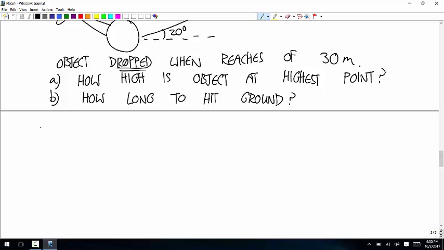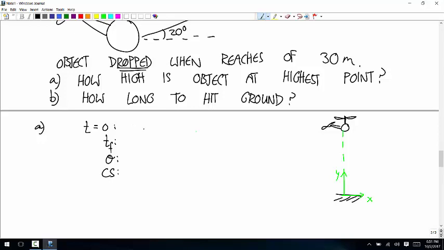So first we have to choose time equals 0, time final, origin, and coordinate system. So this is the helicopter. I'll put the coordinate system, the origin on the ground beneath where the object is when it's dropped.